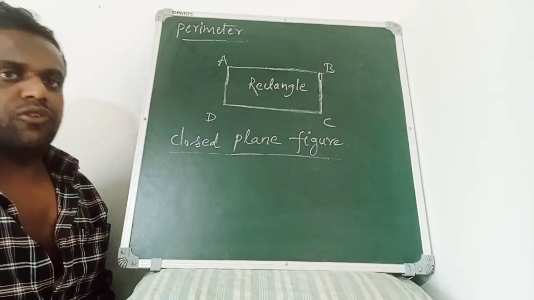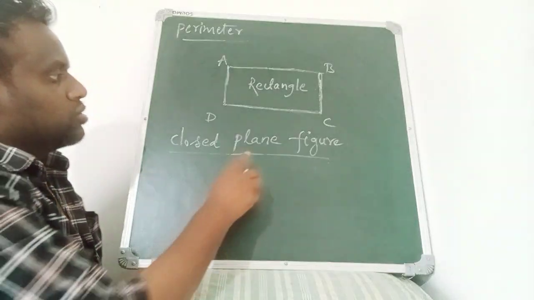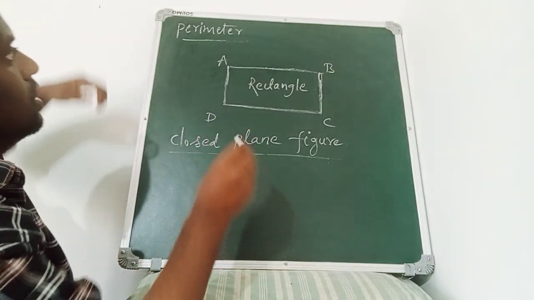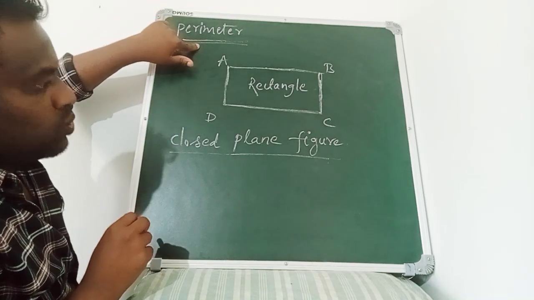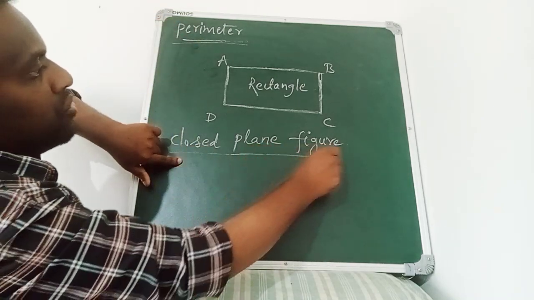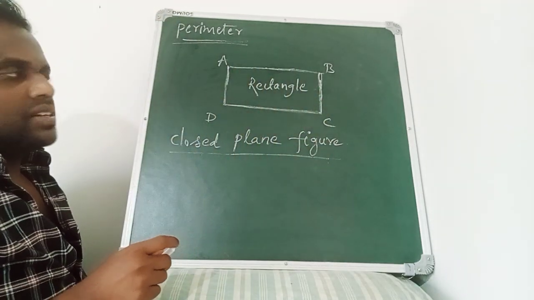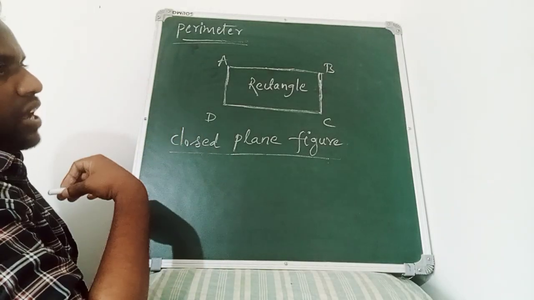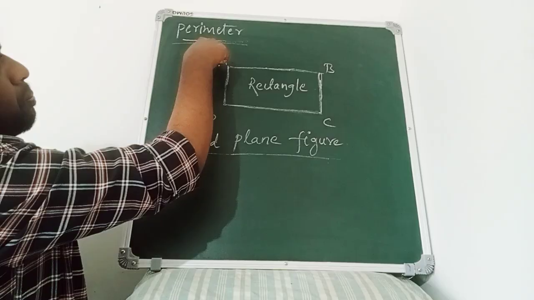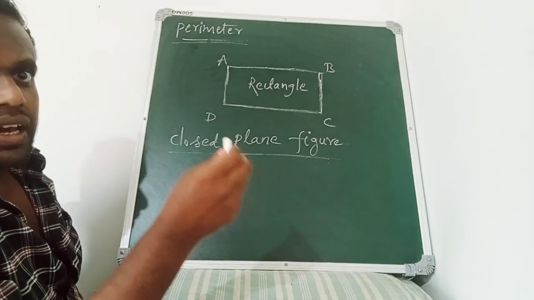I hope you understood the meaning of closed plane figure. Whenever I say perimeter, this applies only to closed plane figures. That's one point.